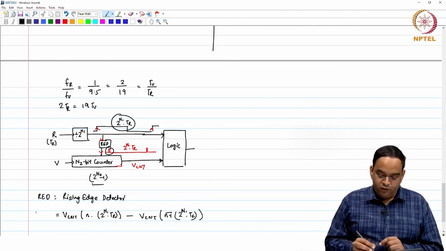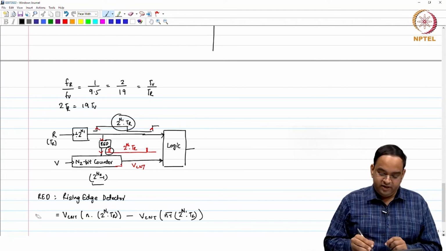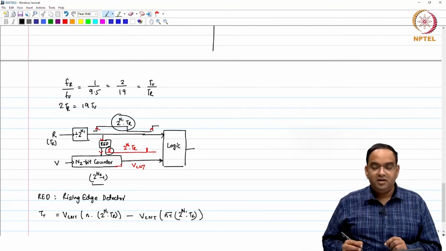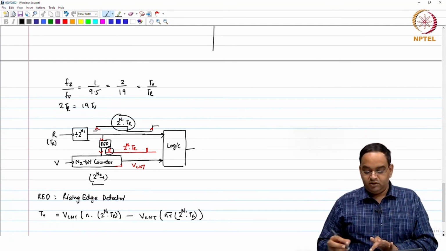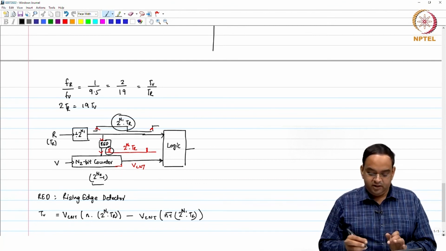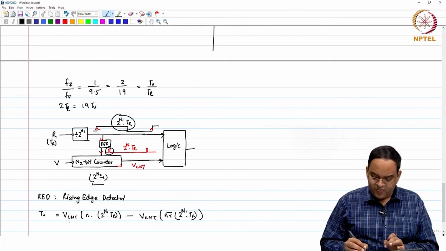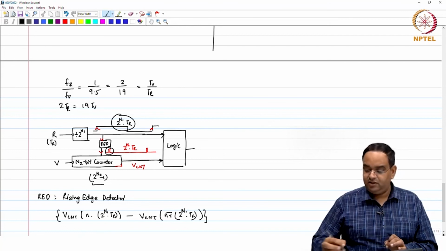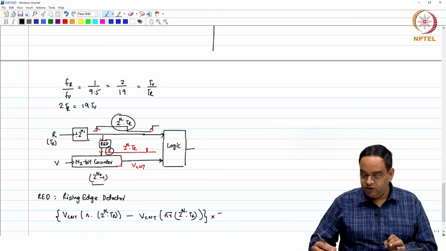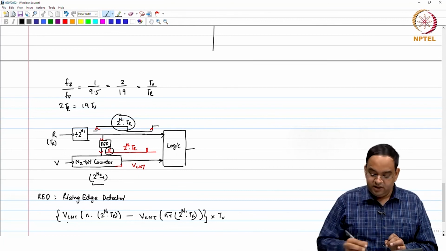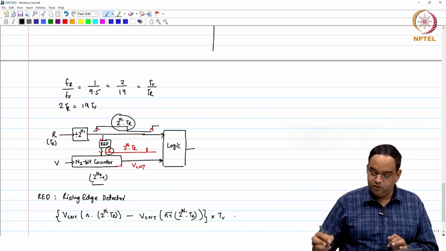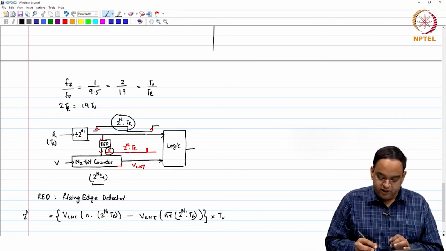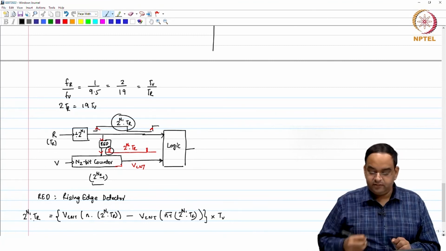So, the output time period is effectively this digital count times TV, which equals 2 power n1 times TR.